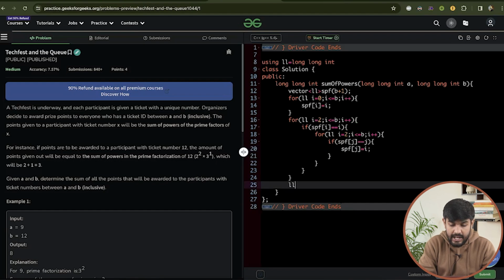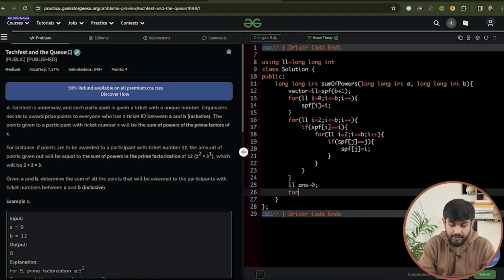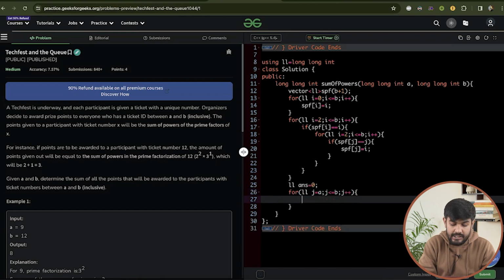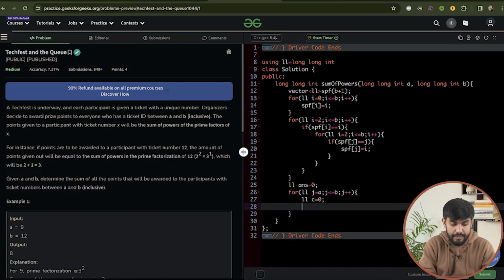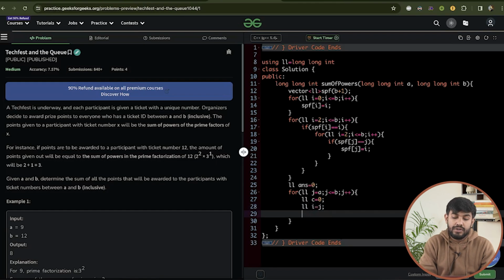So we would say ll answer = 0 initially, and then we would start a loop for ll j = a, j <= b, j++. At each instance, ll count = 0, and we just make a copy of j so that we don't disturb the value of j.